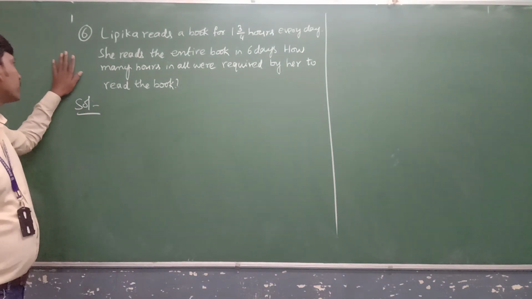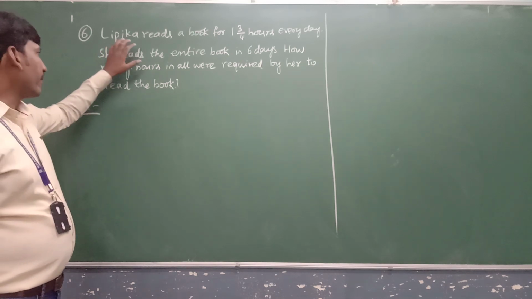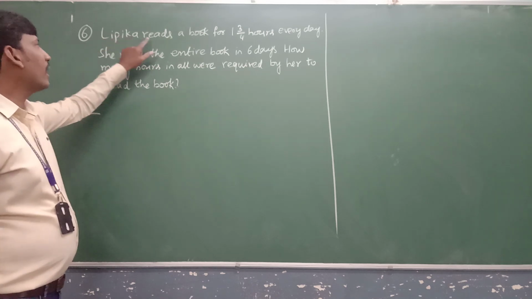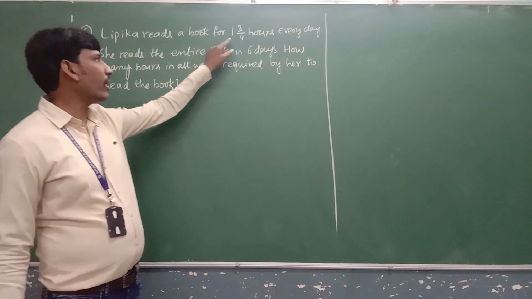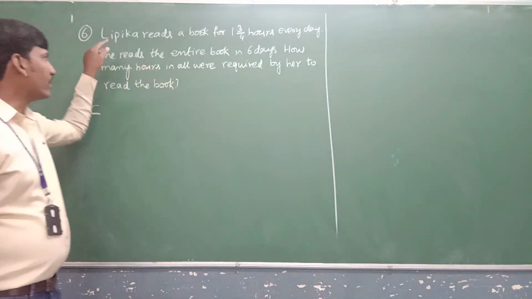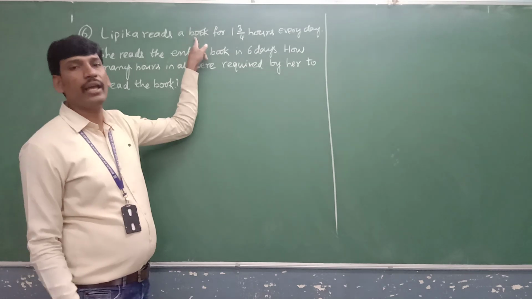See this here. The next question is question number 6 from the same exercise. See, I am reading the question. Please listen carefully. Lipika reads a book for 1 3/4 hours every day. Lipika is a girl. She reads a book. How many hours in a day?